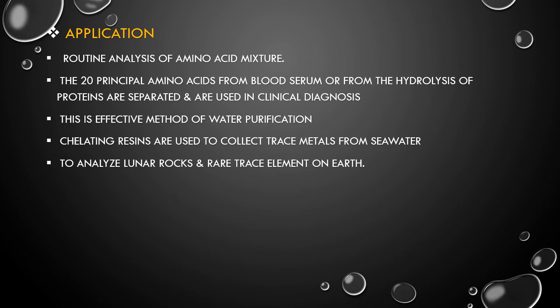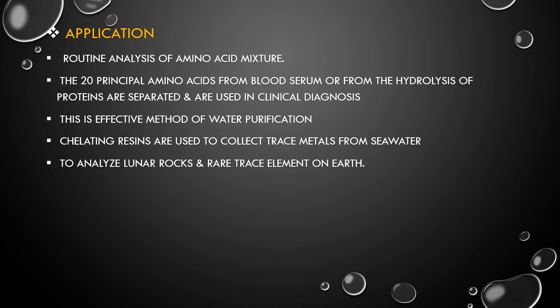An important use of ion exchange chromatography is in the routine analysis of amino acid mixtures, where the 20 principal amino acids from blood serum or from the hydrolysis of proteins are separated and used in clinical diagnosis. And in the analysis of products of hydrolysis of nucleic acids, information is gained about the structure of these molecules and how it relates to their biological function as carriers of hereditary information.